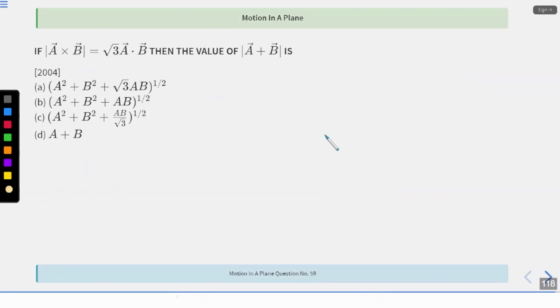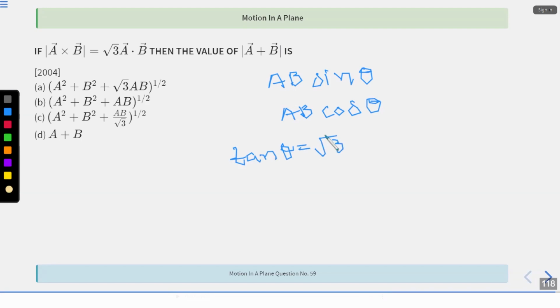So this is our final question. The final question is, if A cross B is equal to root 3 A dot B, then what is the value of A plus B? We recently calculated this. A cross B is AB sine theta, right? And A dot B is AB cos theta. Since they are equal, we got to know that tan theta was root 3, and that means theta was 60 degree.